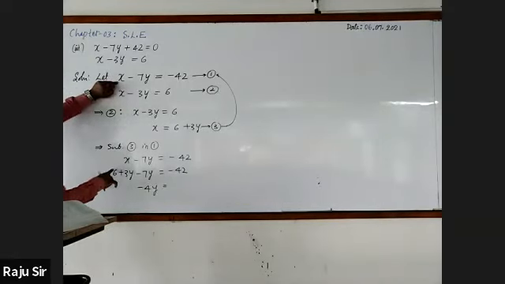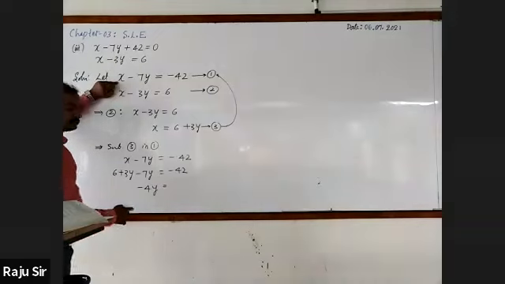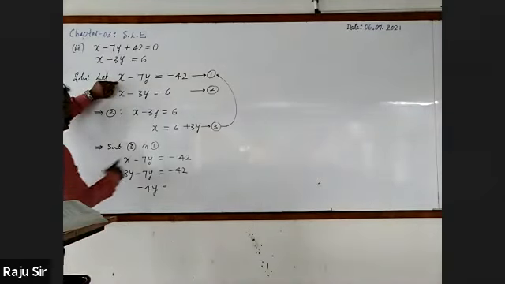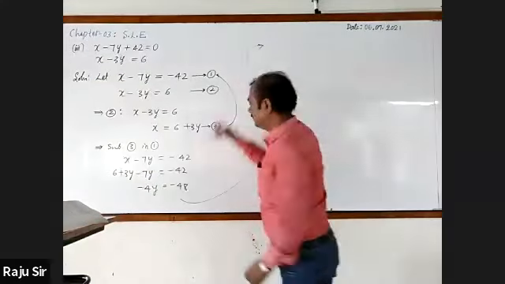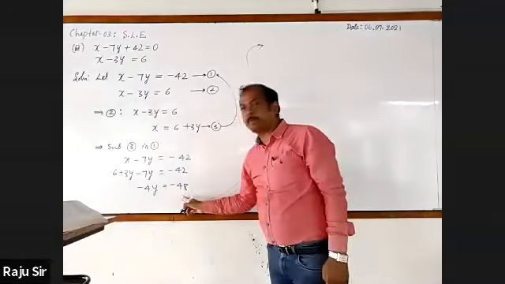Transfer 6 to the right hand side. It becomes minus 6, and this will be minus 48. Minus 48 cancel. y is equal to 48 by 4. 48 by 4 means y is equal to 12.